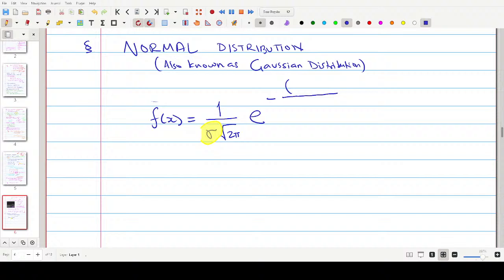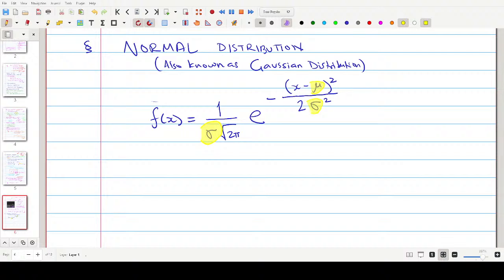In the numerator, we have x minus mu whole square. This mu is the mean, and in the denominator you'll find 2 sigma square. So this is the formula for the density function, where sigma is the standard deviation.